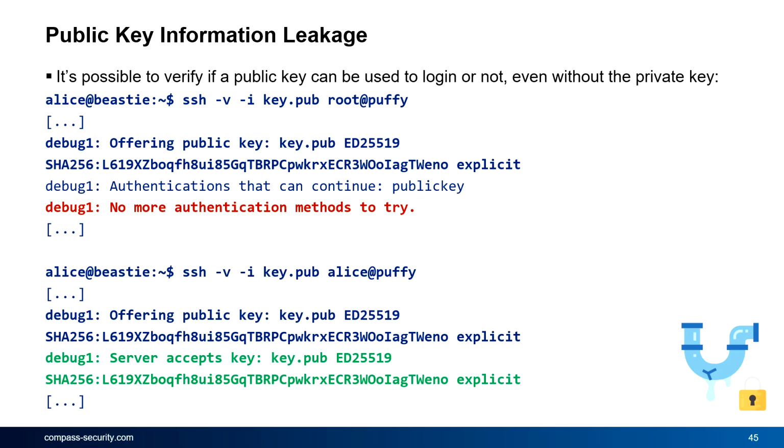Then if you provide a key that is valid, in this case Alice on the host Puffy, you can see that the SSH client again offers this public key and the server will tell you, yeah, I accept this key. Now if you have the private key, you would be able to perform a login, but even if you don't have the private key, you can still distinguish if a server would accept a certain public key or not.